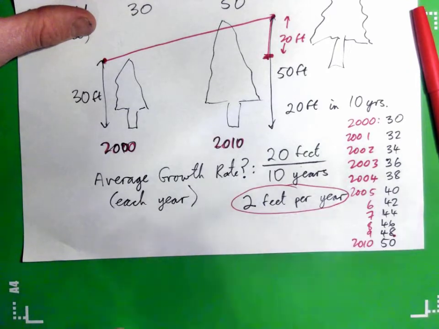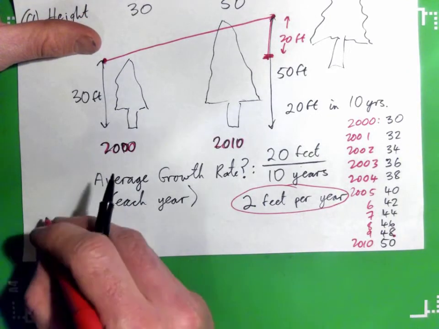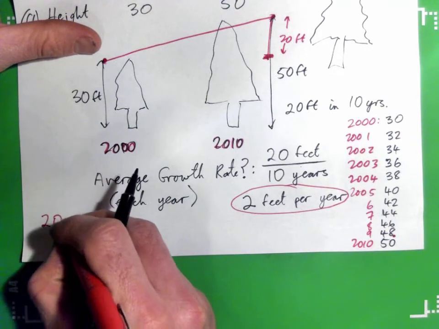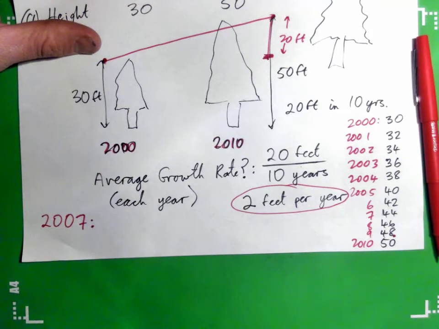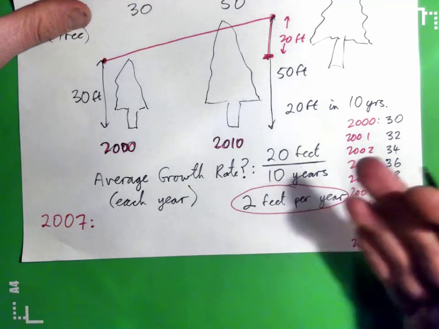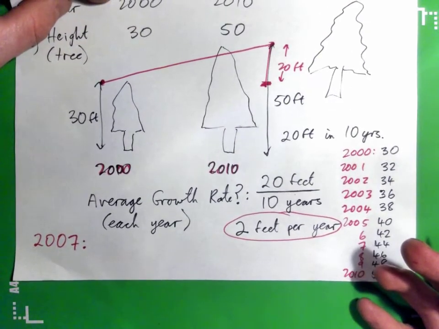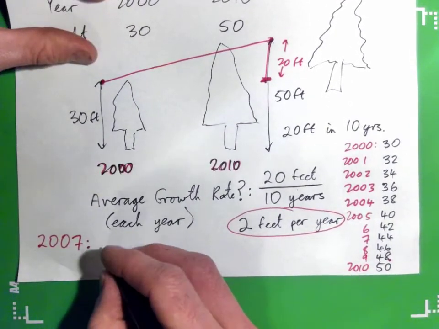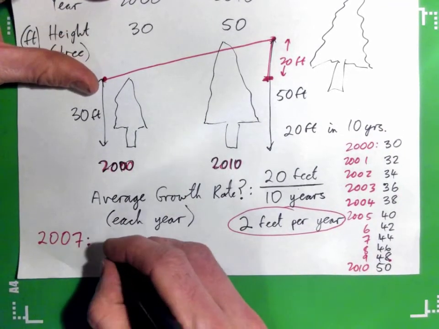So if I was to ask you to figure out what would the height be in the year 2007, what would you do? Adding 2's. Well, there's a cooler way than adding 2's. It's called multiplication. Right, and so you can start with 30, right?